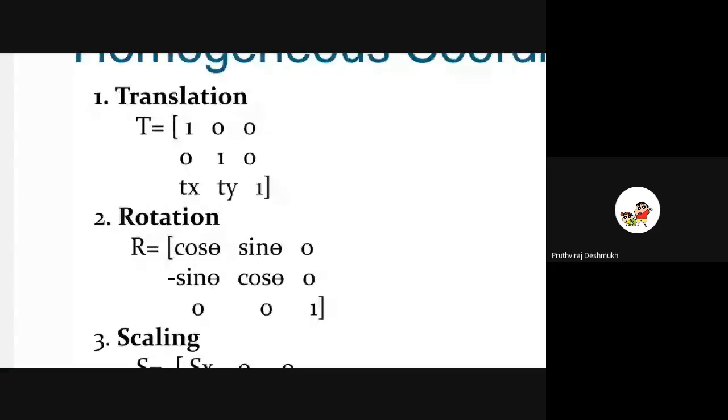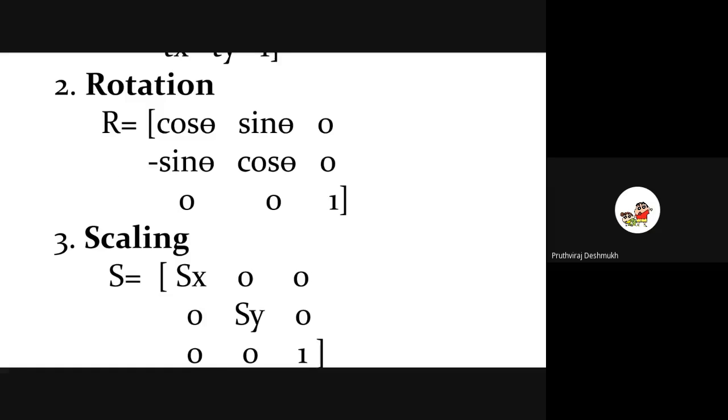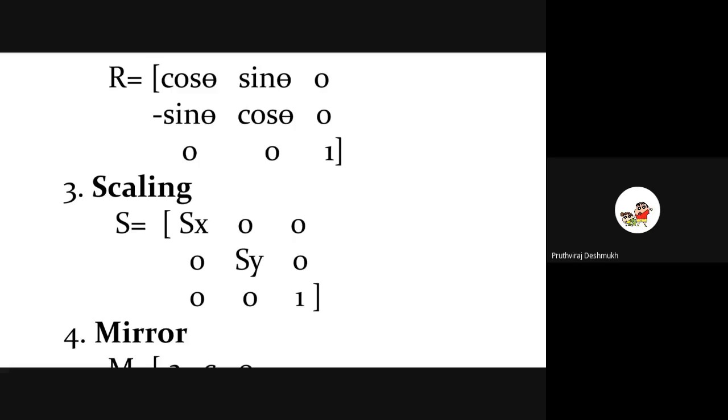For rotation also the same: cos theta, sin theta, minus sin theta, cos theta, but one column and one row are added: 0 0 1. For scaling, the matrix S is Sx 0 0, 0 Sy 0, 0 0 1. These are the standard formulas.